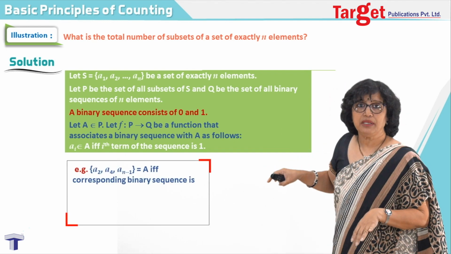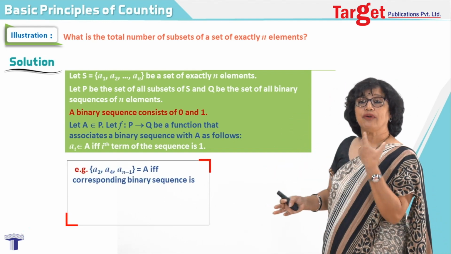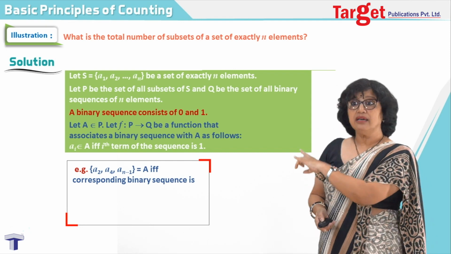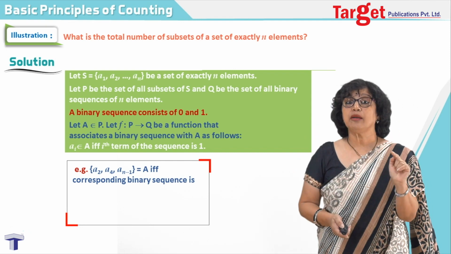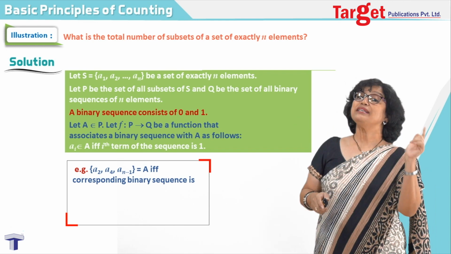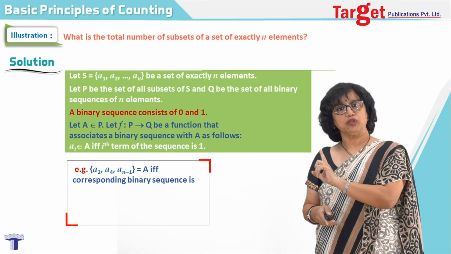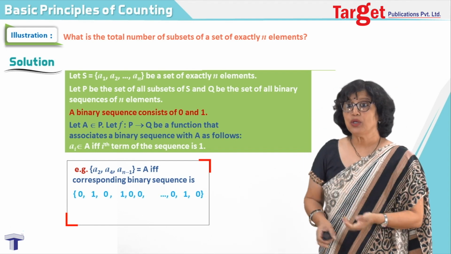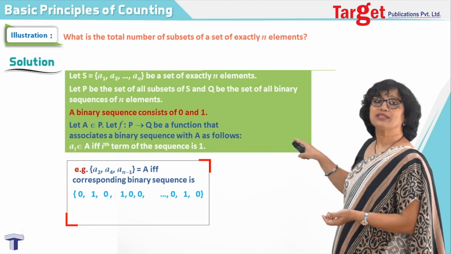Now I say, for example, set A consists of A2, A4, AN minus 1. Now if A2 appears in set A, that means at the second place I am expecting 1 to appear. Now A4 is appearing there, that means I am expecting 1 to appear at the fourth place. And a similar explanation you can have for AN minus 1 also. That means the sequence would look something like this.